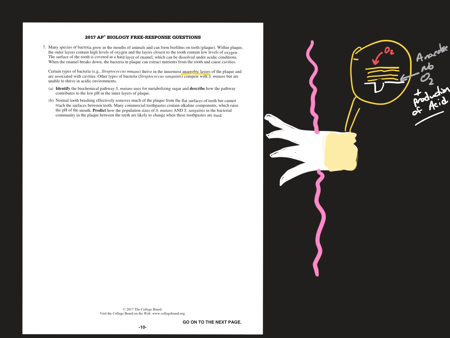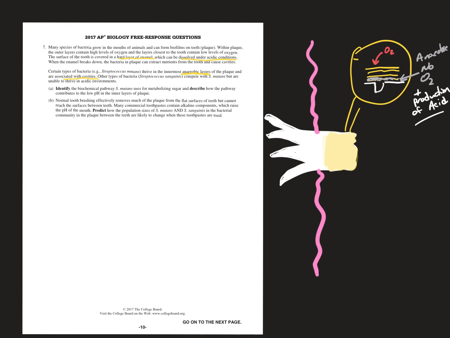You can read that the enamel layer can be dissolved under acidic conditions, in the anaerobic bacteria of the plaque associated with the cavities. These are the bacteria that live down here. These guys are anaerobic, and they can produce acids that eat away your enamel. All right.